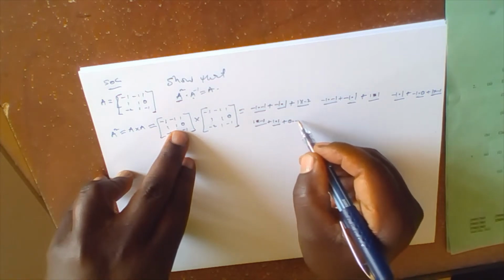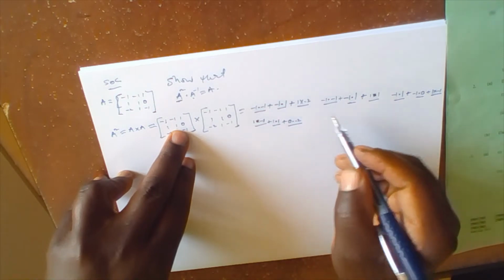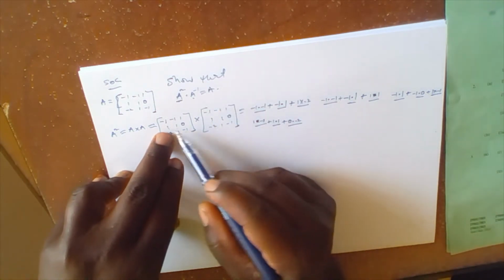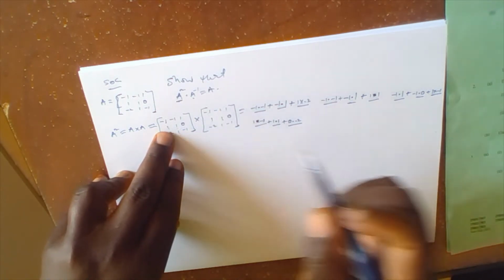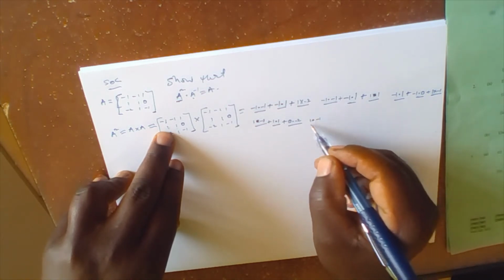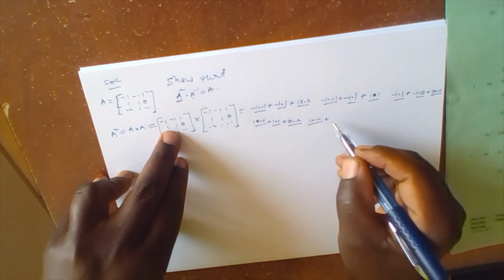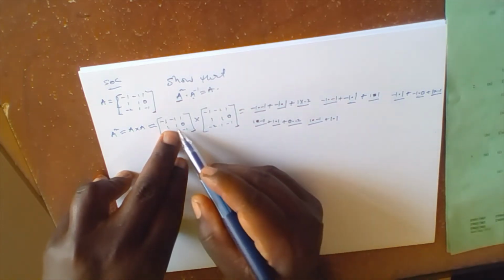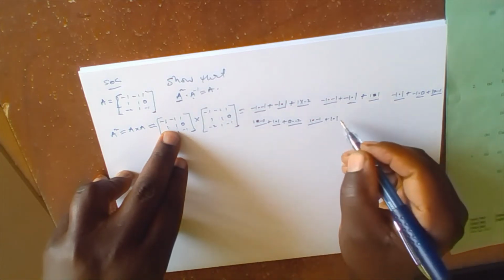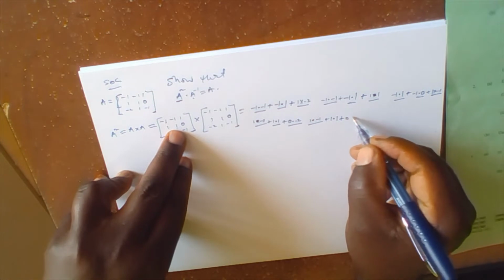We go to the middle values, so it will be 1 times negative 1, plus 1 times 1, then plus 0 times 1.